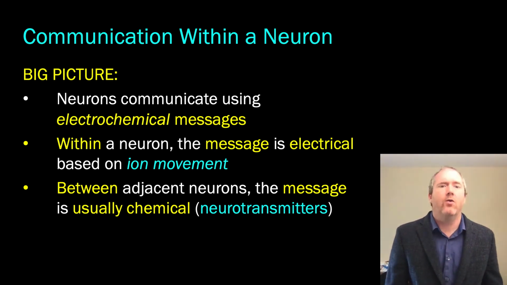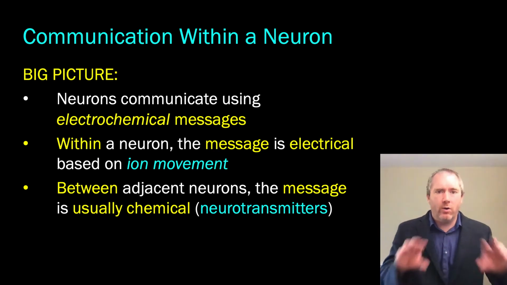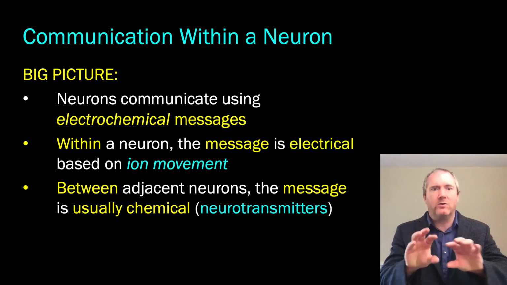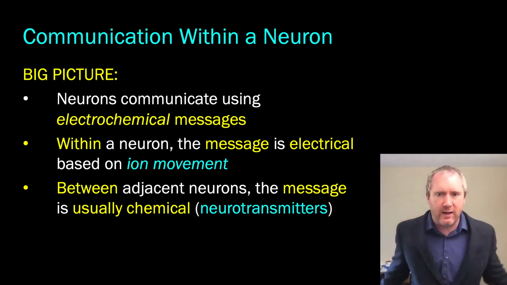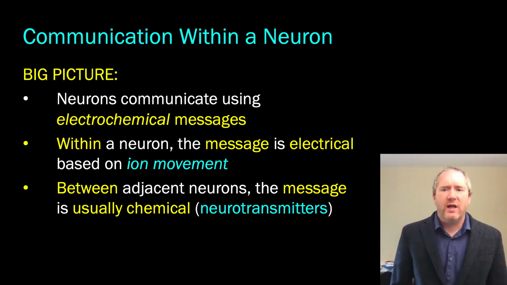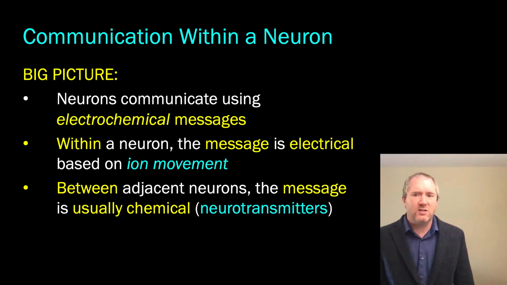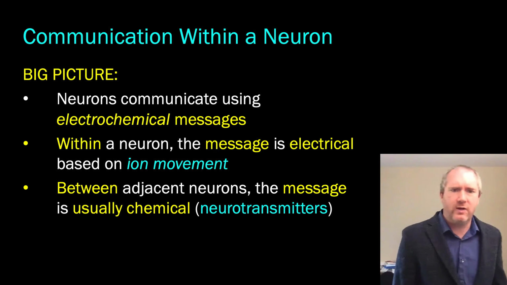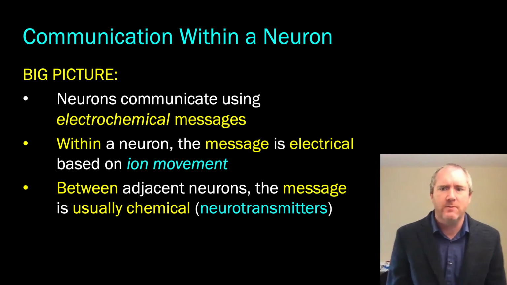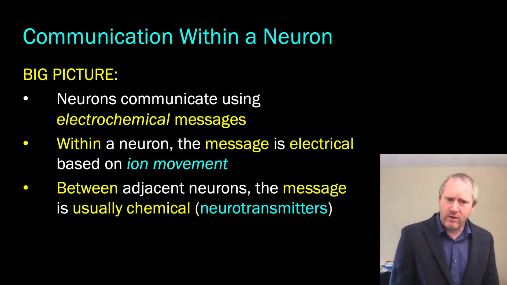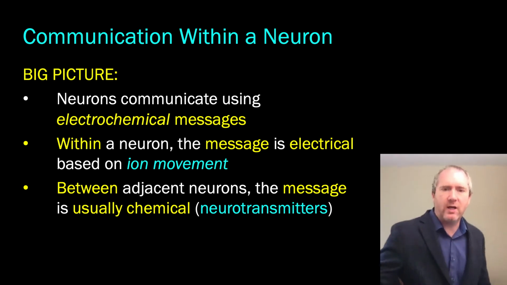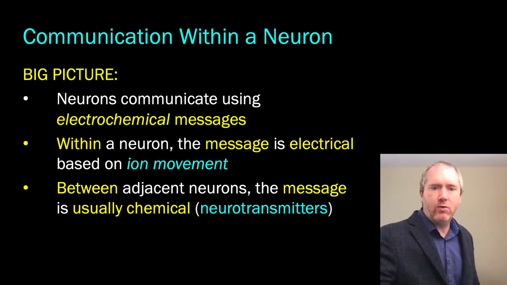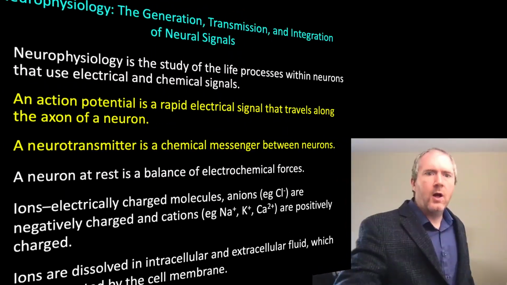As you now know, Ramon y Cajal showed that there are unique cells rather than just one electrically connected net. And within a neuron, the message itself is electrical, based on ion movement, and that can switch between neurons through gap junctions or electrical synapses. But more typically, between adjacent neurons, the message is usually chemical and conveyed through neurotransmitters.